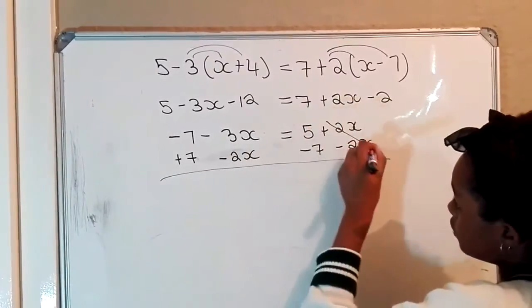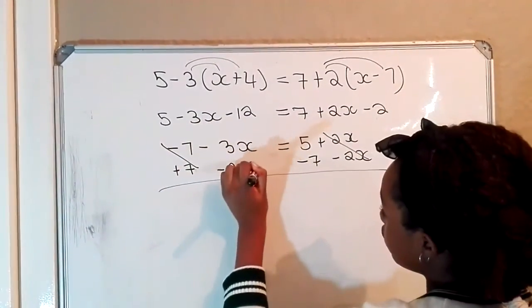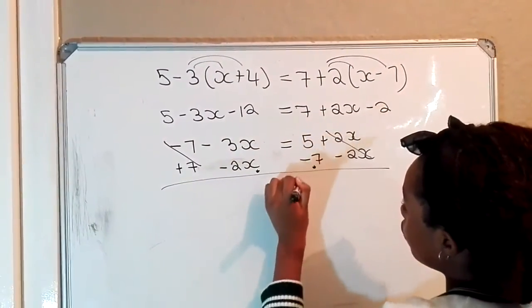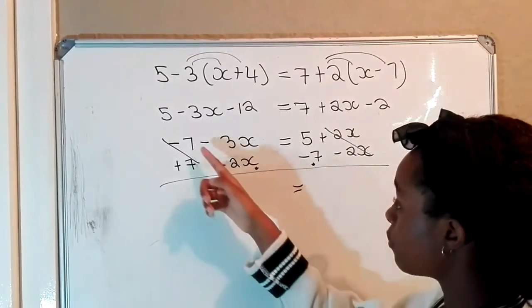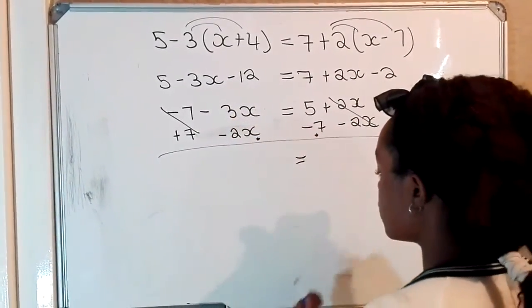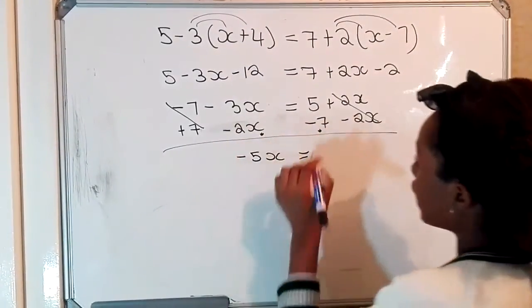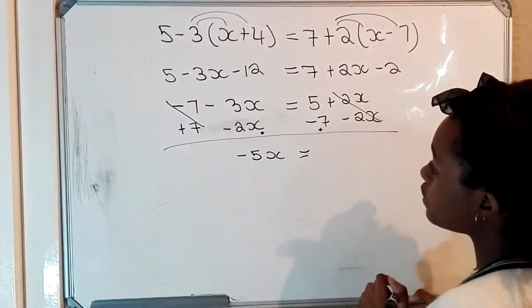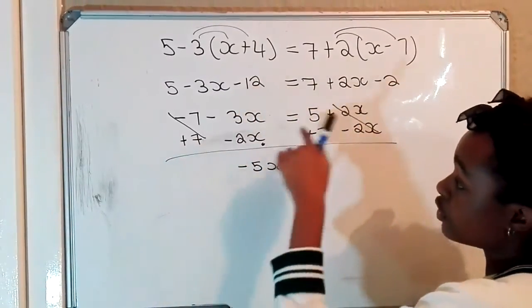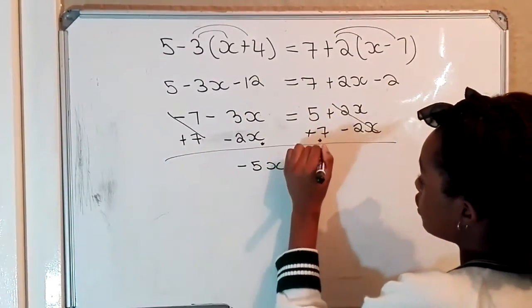So this will cancel and that will cancel, and we bring everything down. We're left here with minus 3 minus 2, which gives you minus 5x, and 5 plus 7 gives you 12.